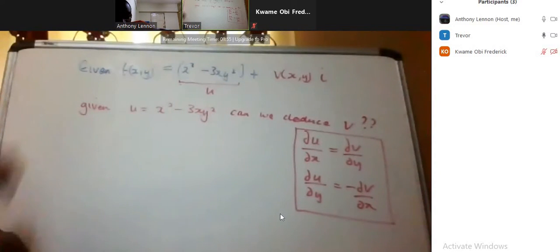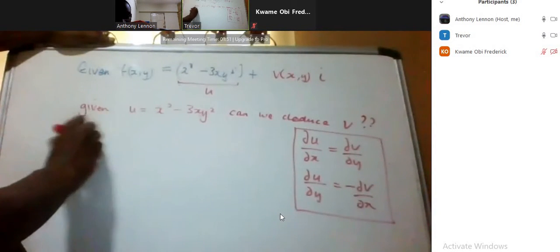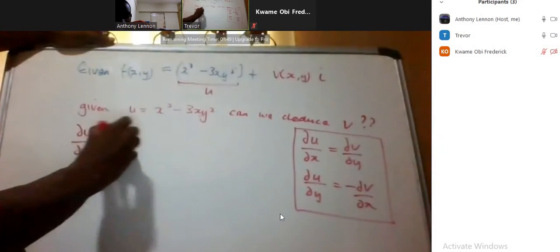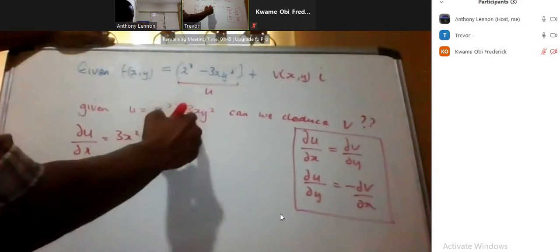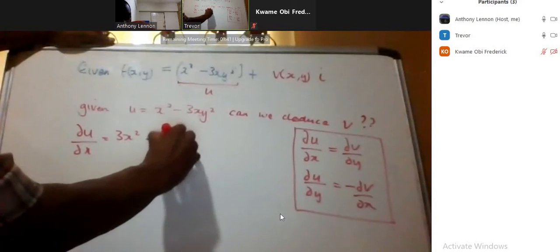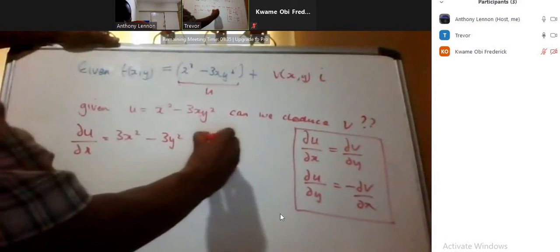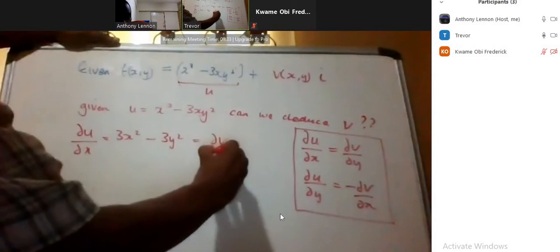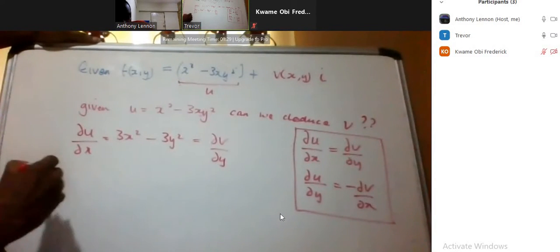All right. So we need this: du dx is equal to 3x squared minus 3y squared, and that's equal to dv by dy. So now we're going to integrate.